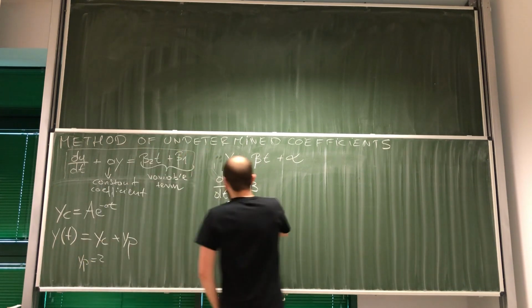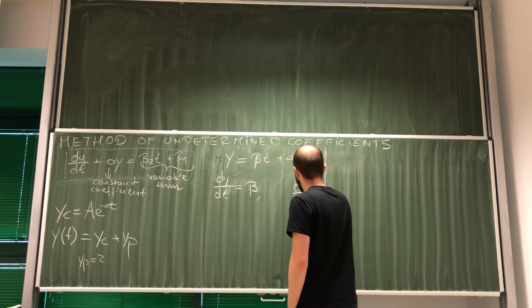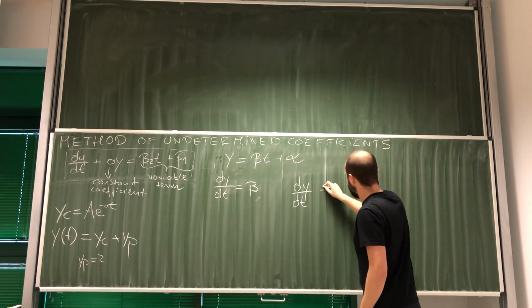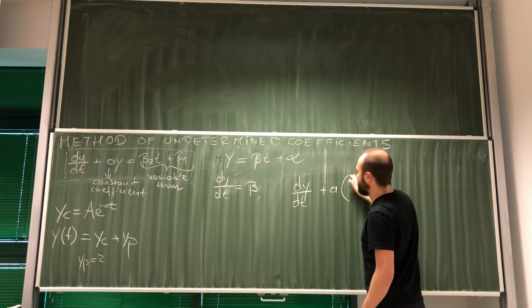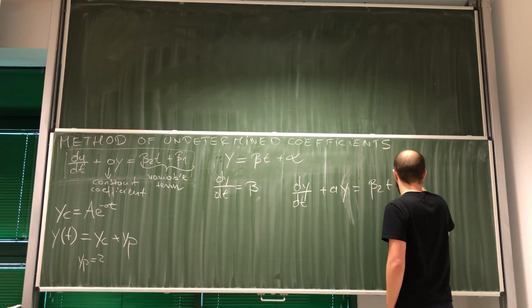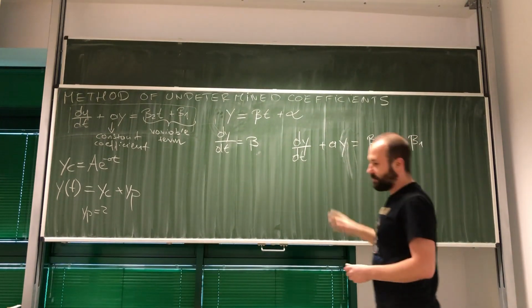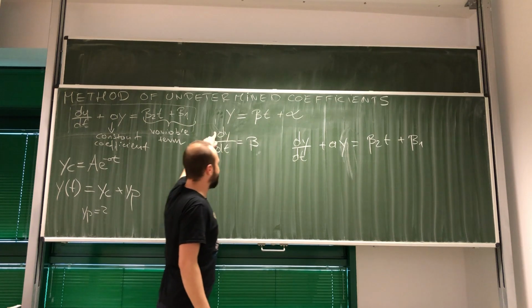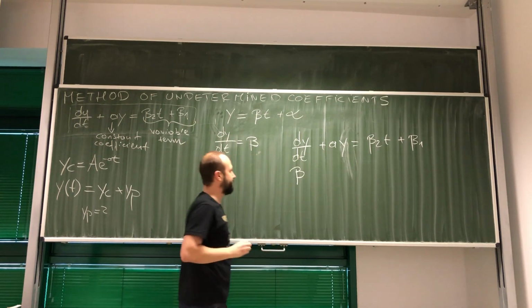Let me repeat the equation. Instead of dy/dt, we can write beta.